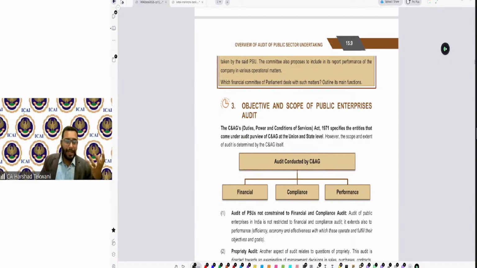To Parliament. So committees present the report to the Parliament. Then Parliament discusses the observations and recommendations of the report, and the government then tries to implement the recommendations which are there.